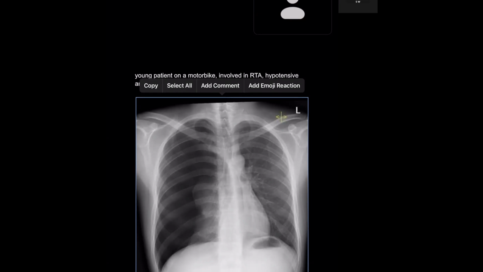How will you manage the circulation? Just tell me the circulation portion. You don't have to consult the senior. Just tell me the things that you will do while managing the circulation. First of all, I'll assess where the blood loss is from.